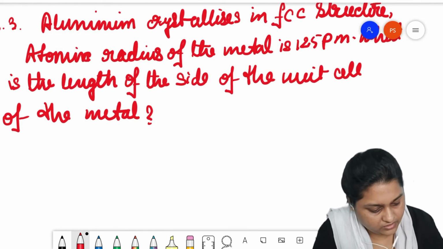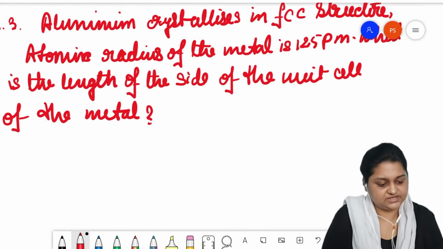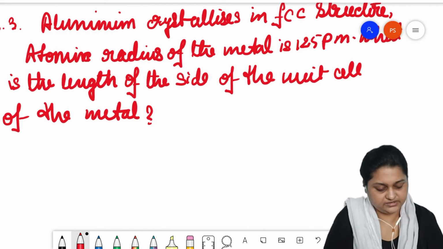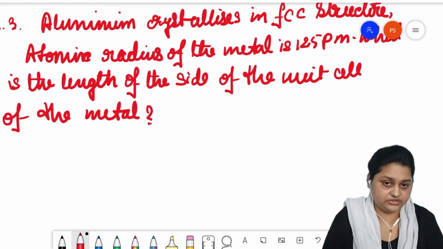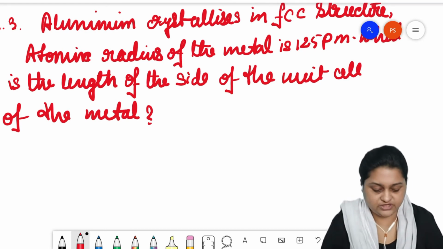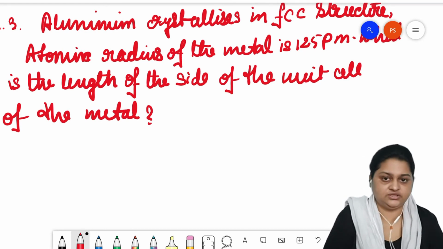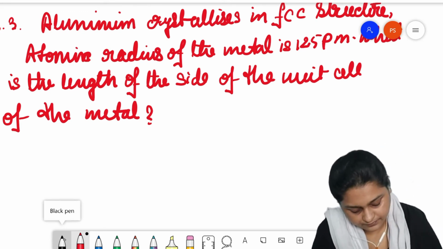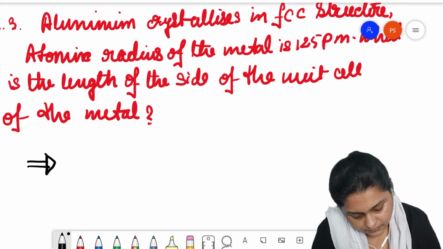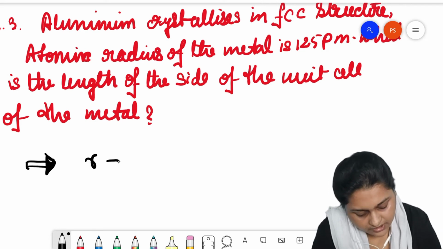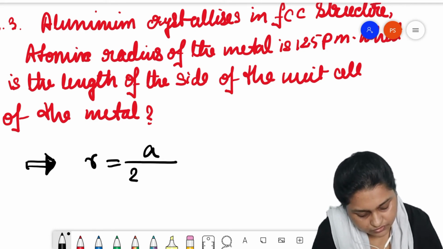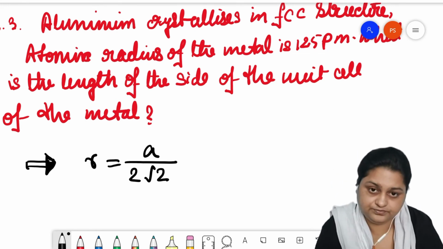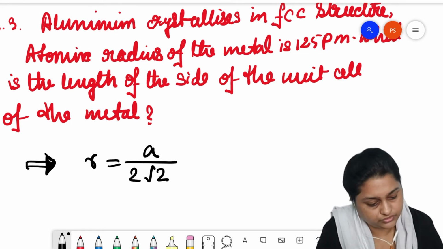Now, in an FCC type of crystalline unit cell, the relationship between the radius of the metal and the edge length of the cubic cell is given by r equals a by 2 root 2.